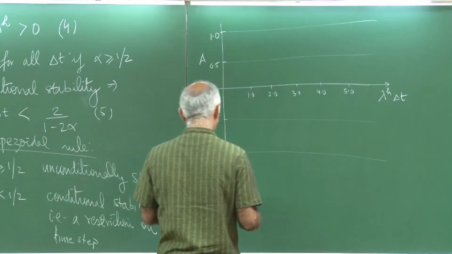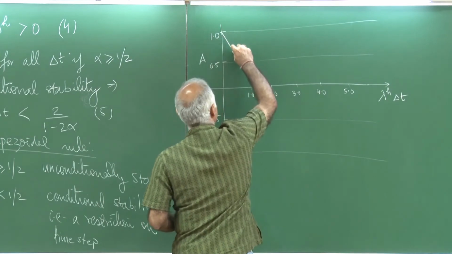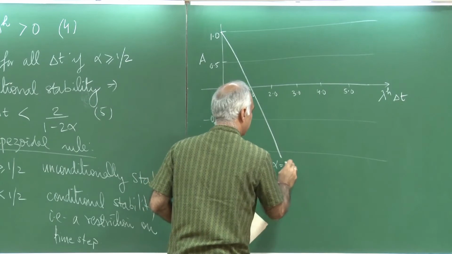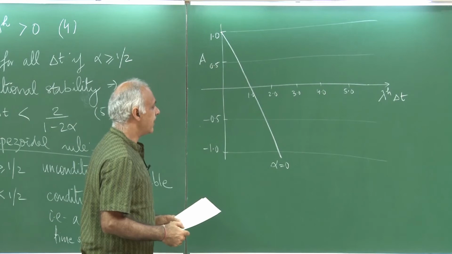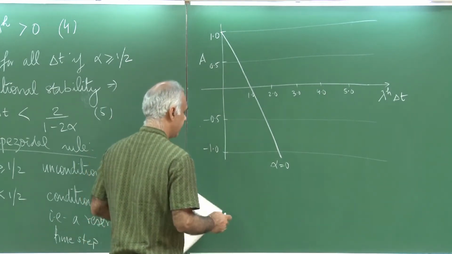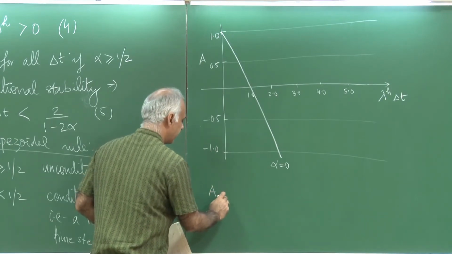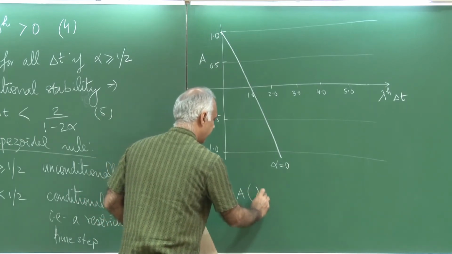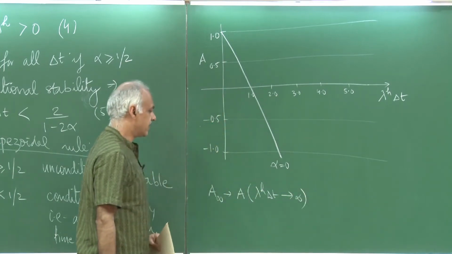So if I look at alpha equal to 0, I get a line like this. So this is the line corresponding to alpha equal to 0. And in fact, if I draw the asymptotic value, so what is the value of A if I call it A infinity, defined as A when lambda h delta t goes to infinity.